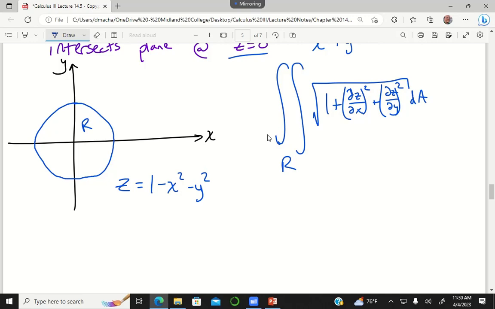So I can rephrase this surface equation as 1 minus r squared, since r squared is just x squared plus y squared. And for my region, r is less than 1, and theta is between 0 and 2 pi.